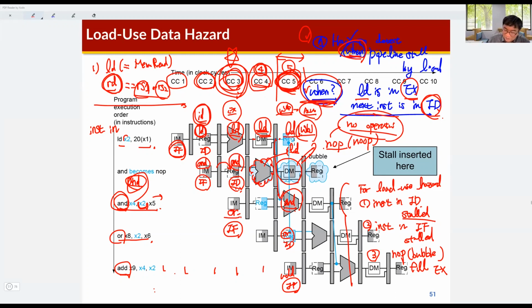So that means the instruction in the instruction fetch stage is also stalled. Okay. So propagation is temporarily stopped, and then a bubble is generated. Okay.